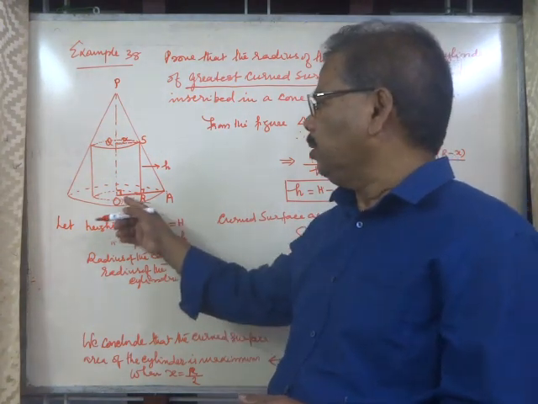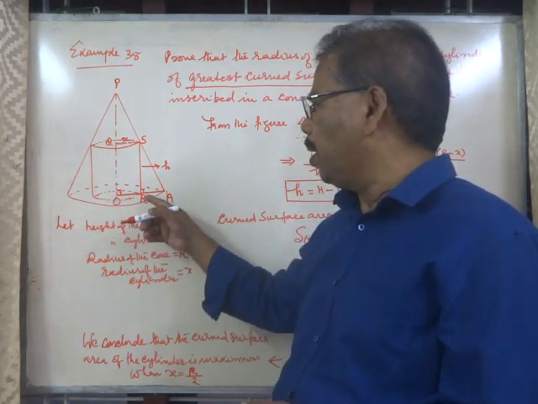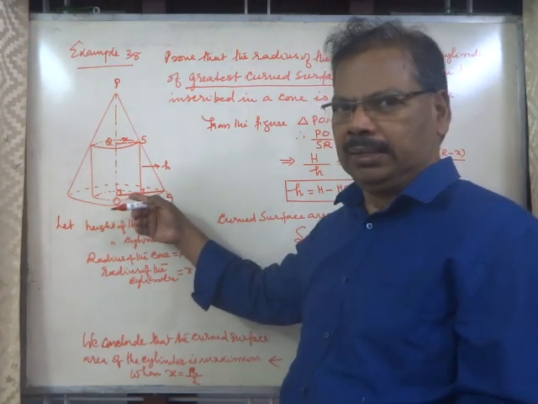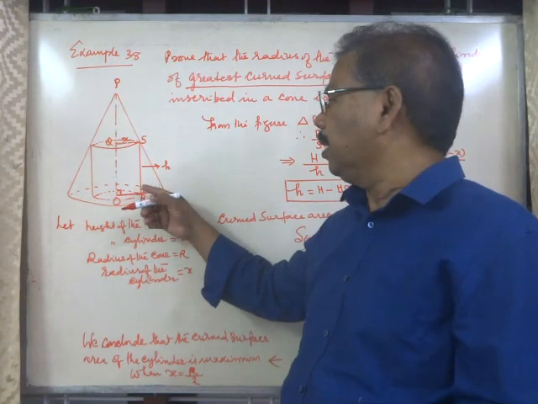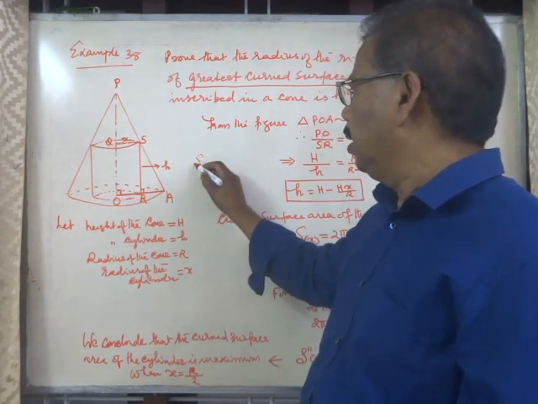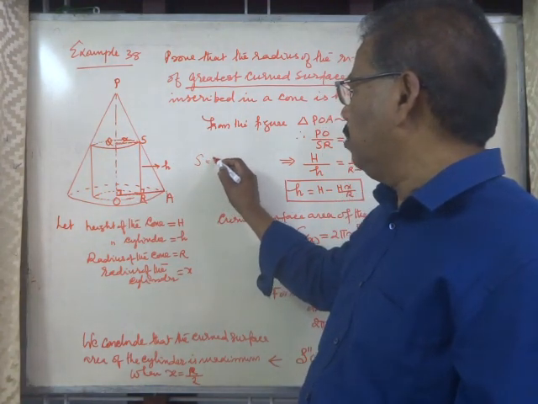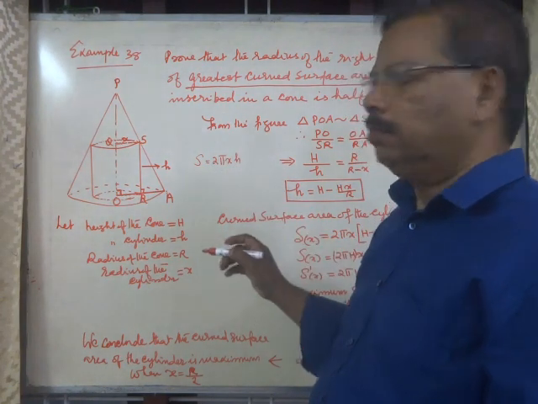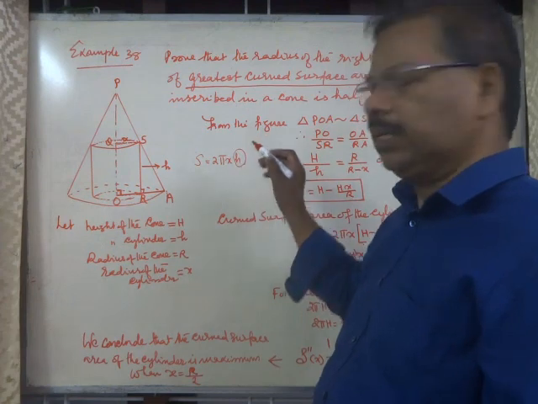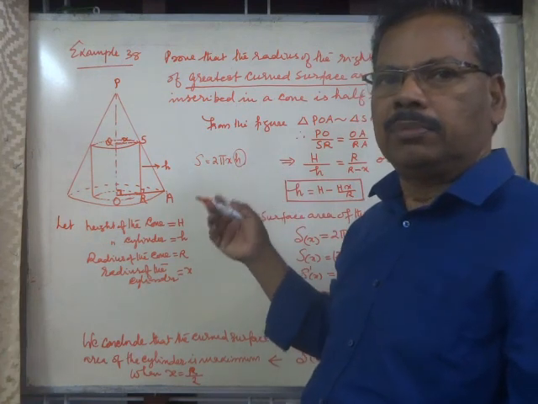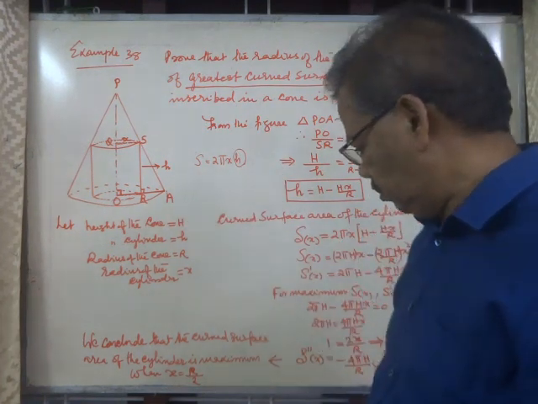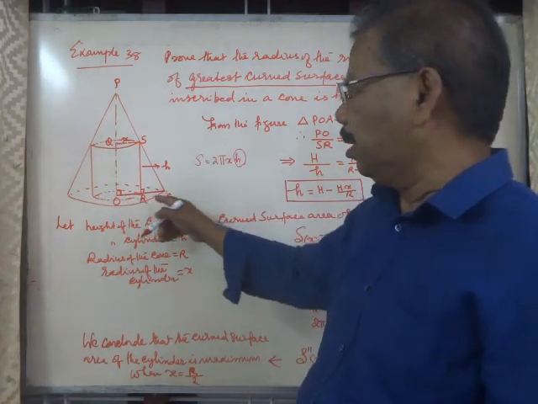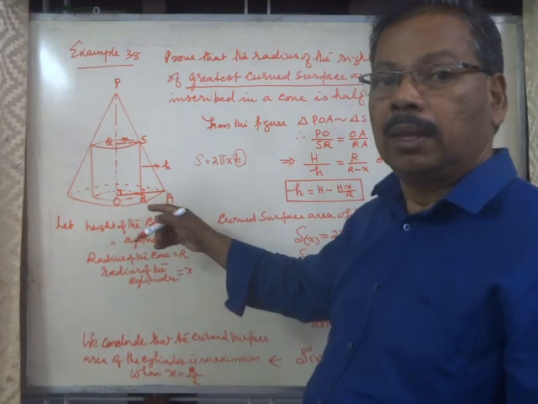Base perimeter is 2 pi into radius x, 2 pi x, multiplied by h. Then the surface area will be 2 pi x h. But you have to convert this h in terms of x. Here capital H and capital R are fixed.